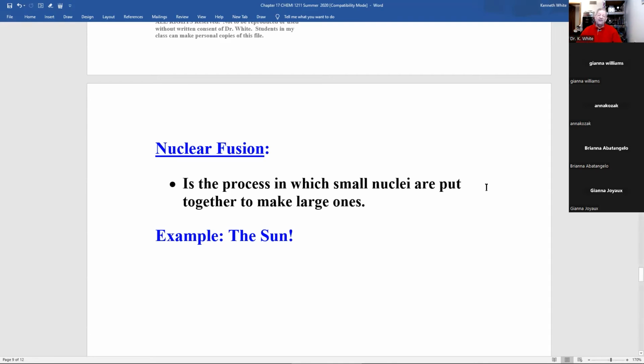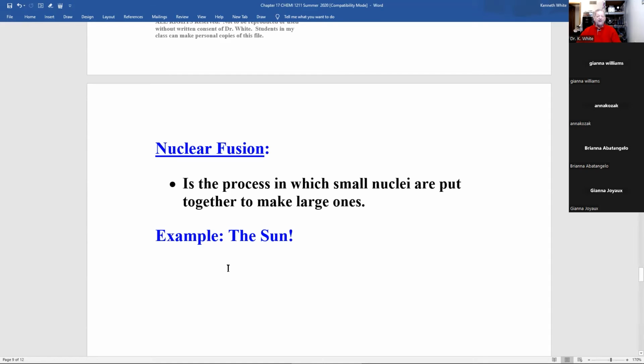So next time you see sunlight on the ground, the reaction that's making that is nuclear fusion. Two small atoms or elements coming together to make a larger one, and it gives off a lot of energy. Just look at some of the videos of the surface of the sun. That's a lot of energy.